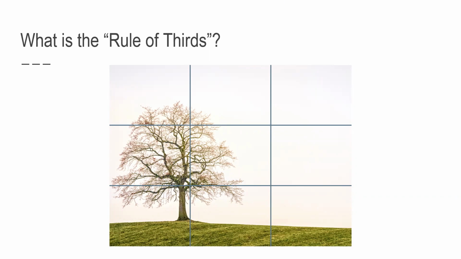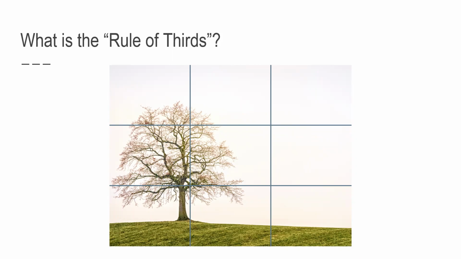But when you're framing a picture, you should try having the subject of your picture slightly off to the side and along those intersecting points of where the vertical lines meet the horizontal lines. So it looks like a tic-tac-toe board.